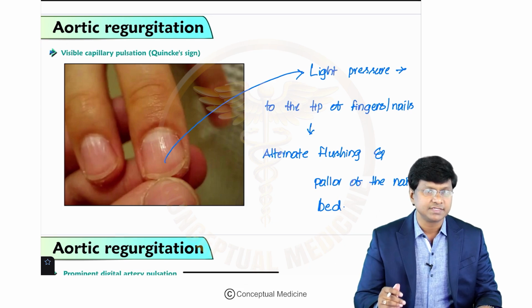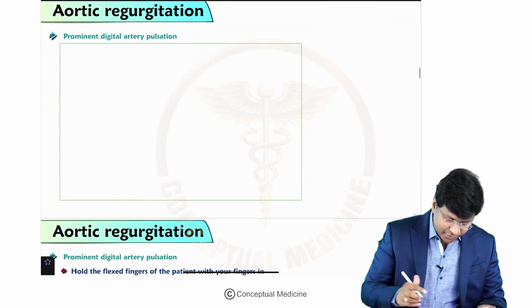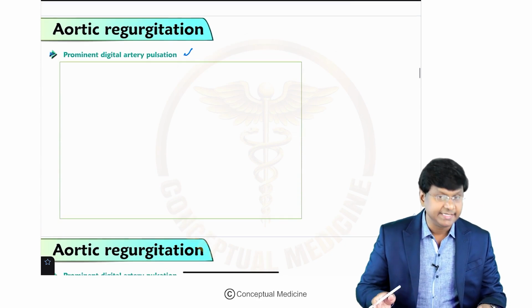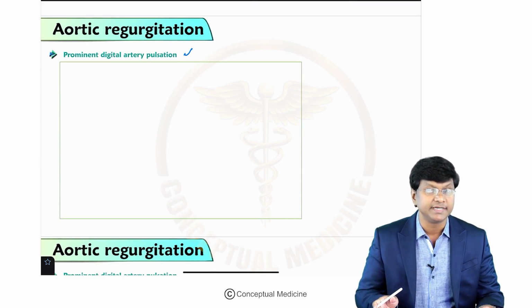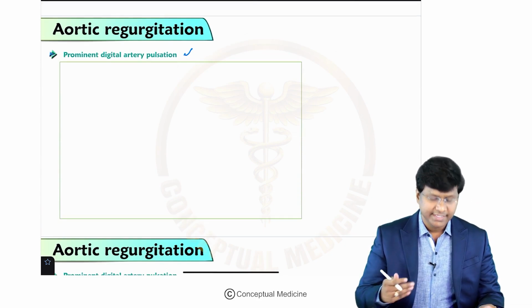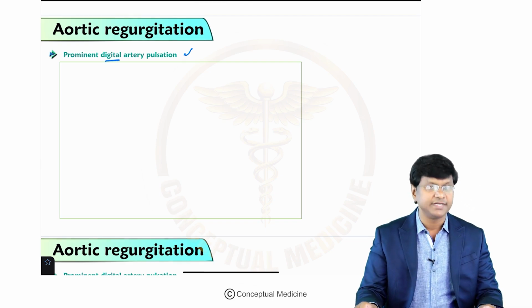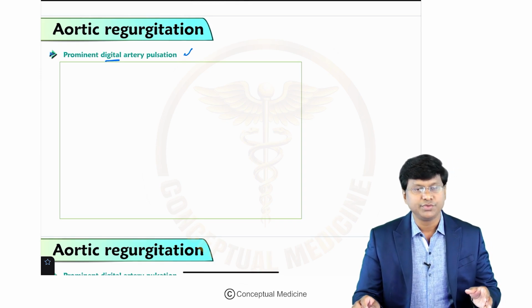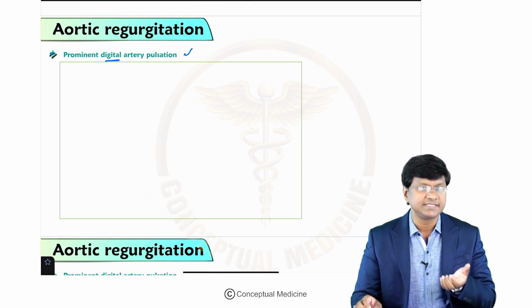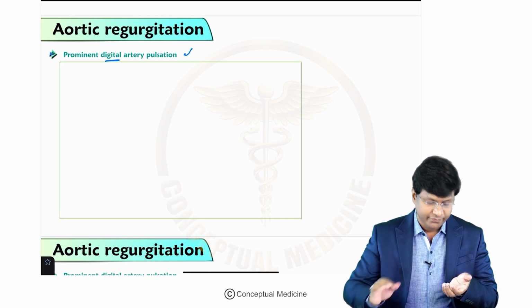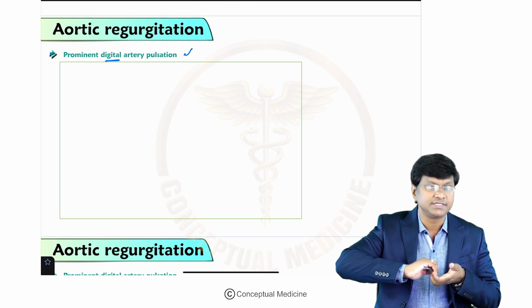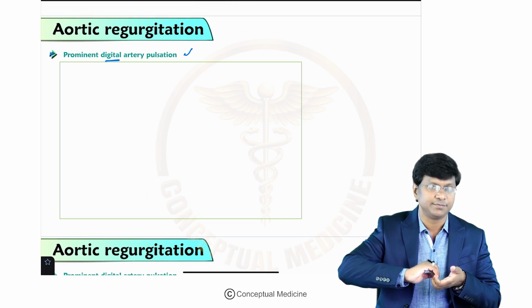Now, after having discussed the Quincke's sign, another important sign that you will make out at the tip of the fingers is the prominent digital artery pulsations. In order to elicit this, you hold the flexed fingers of the patient with your fingers in flexed position.